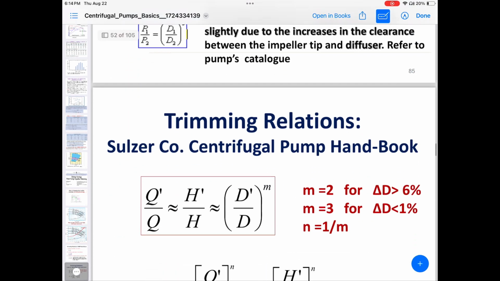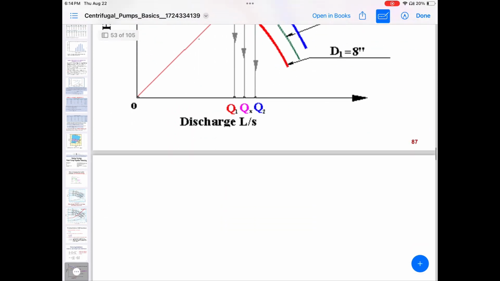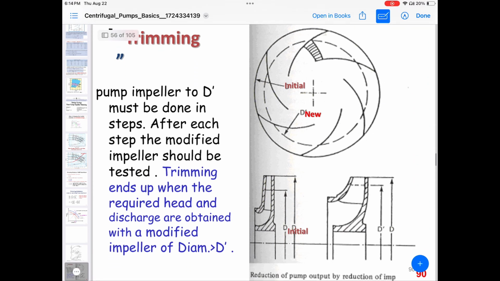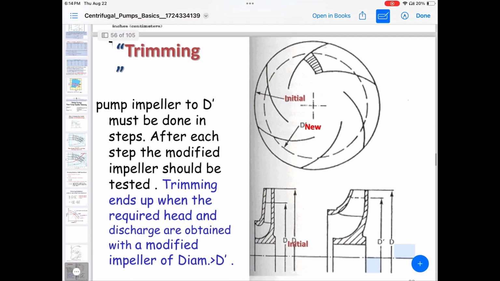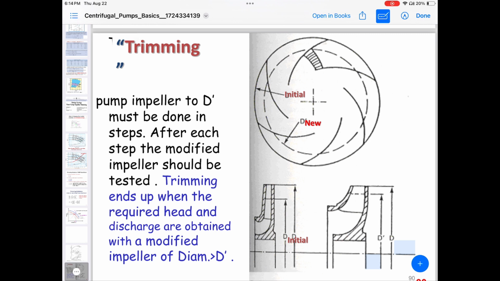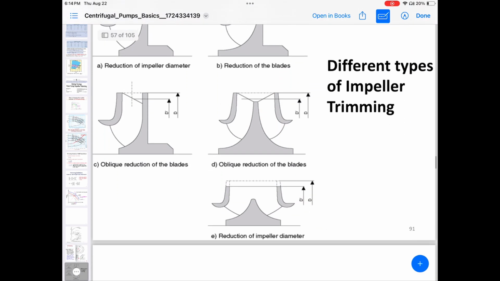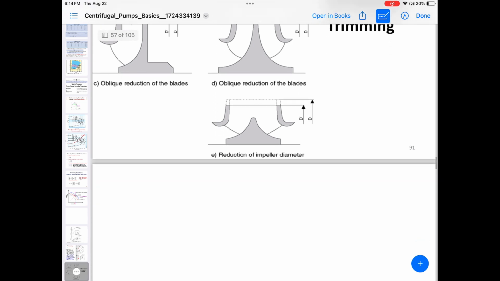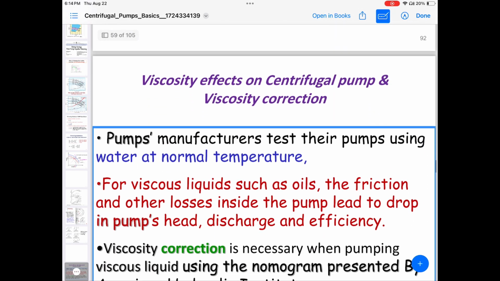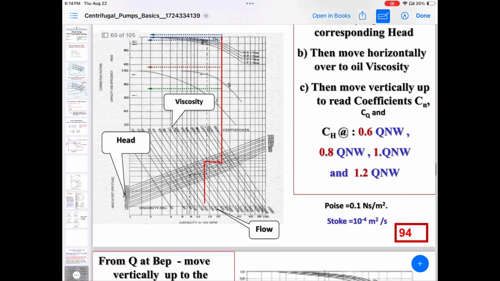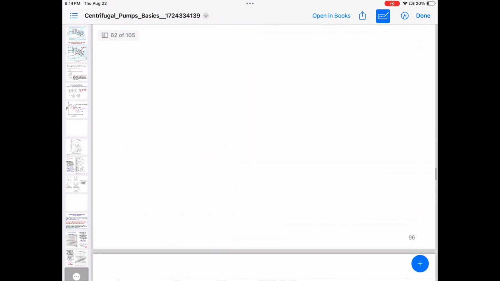They use some calculations to give the trimming, how much capacity it will take for the dimension, the most impeller diameter, and how much flow and volume they calculate for those things.